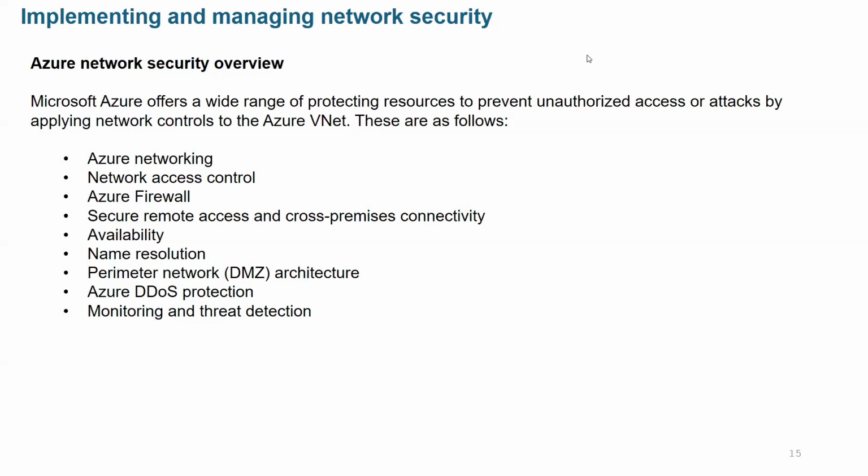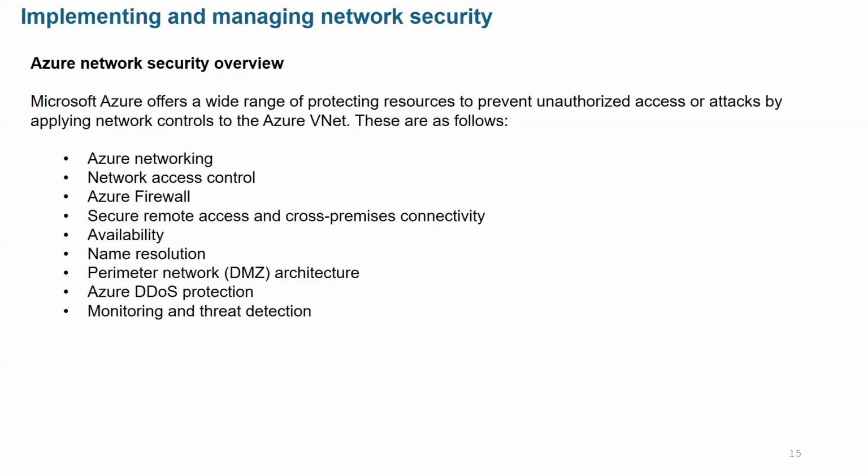Network security, implementing and managing network security. So we need a secure connection from Azure to the public environment, so we require secure connectivity. Azure's network security overview: we configure Azure network access controls and Azure Firewall.